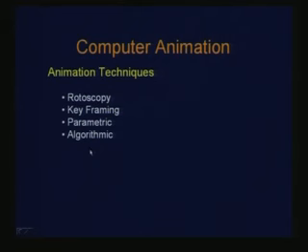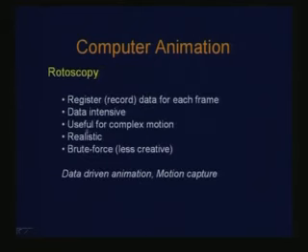Let us see what we mean by rotoscopy. Rotoscopy basically implies that you are trying to record or register data for each frame. When I say data, it may imply everything: it involves the geometric description of the scene, the illumination characteristics of the scene and so on. So, everything is recorded. Recorded could also mean that I generate it, or I acquire it from some means.